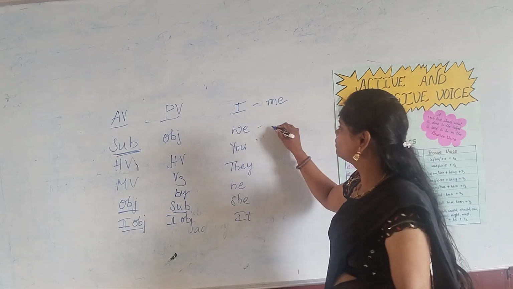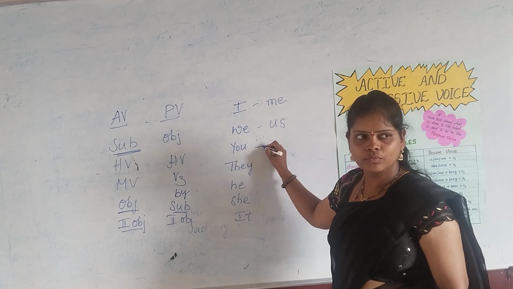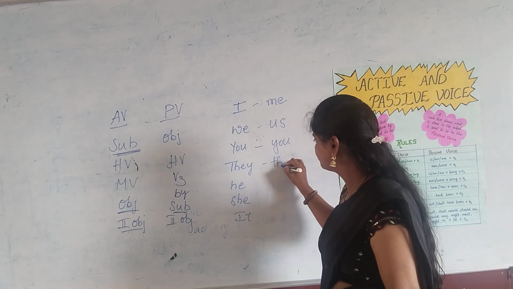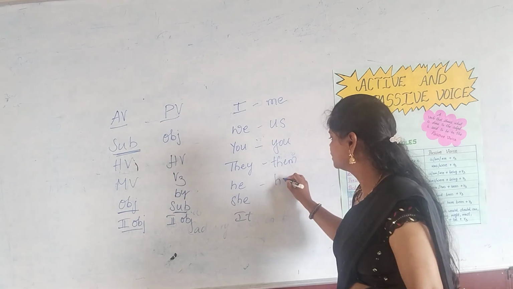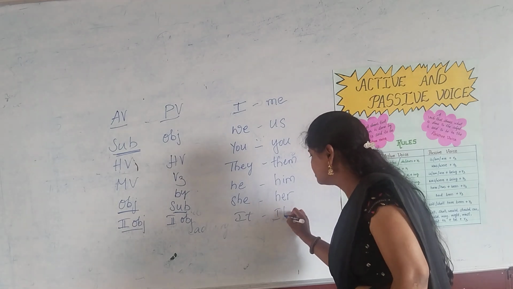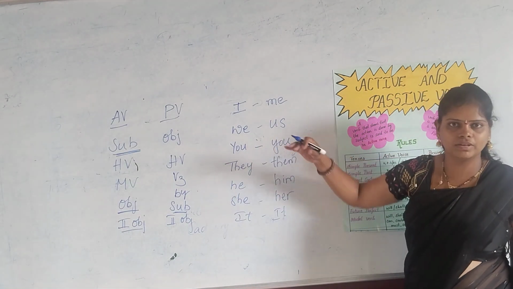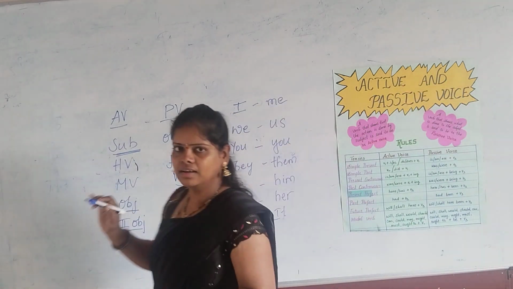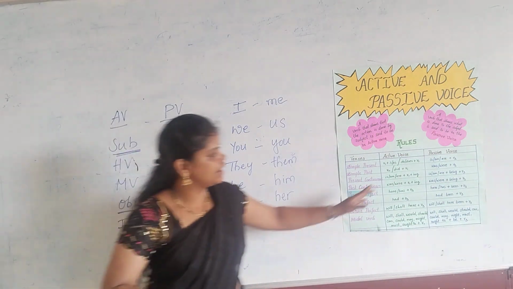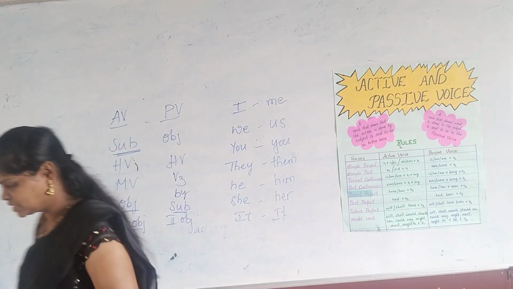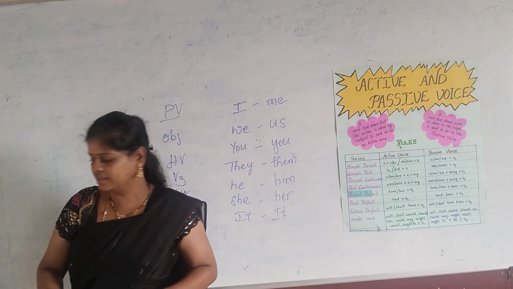We changes to us. You remains the same. They changes to them. He changes to him. She changes to her. It remains the same. Here, it and you will be the same, and the remaining ones change. These are the rules we have to follow, and these are the structures we have to follow. And those structures also I want to say in a simple way.